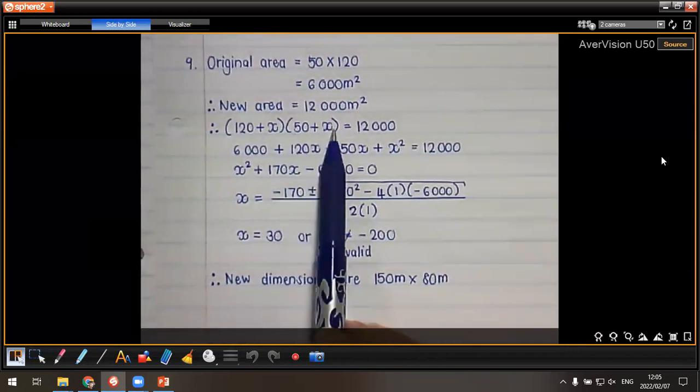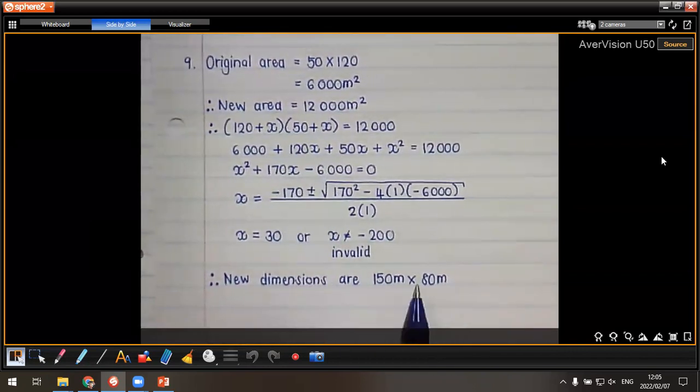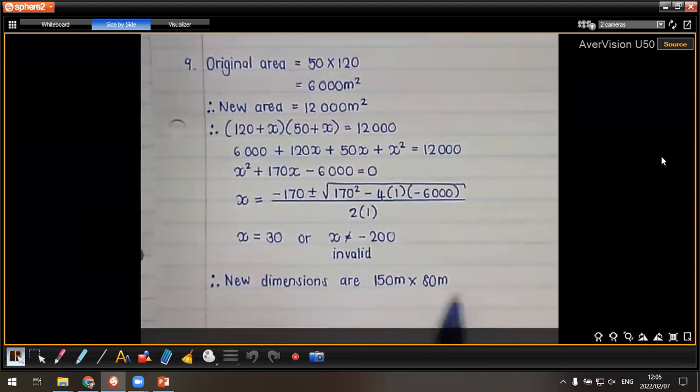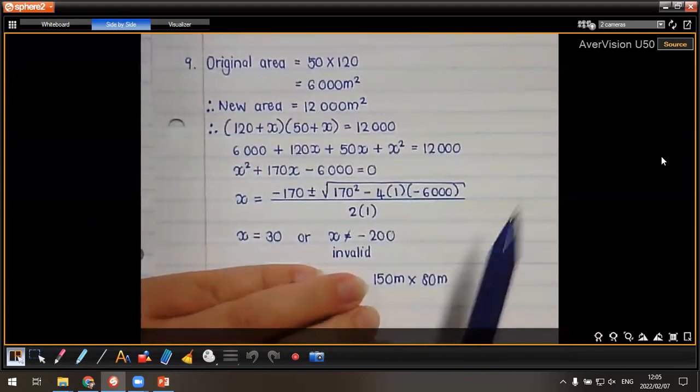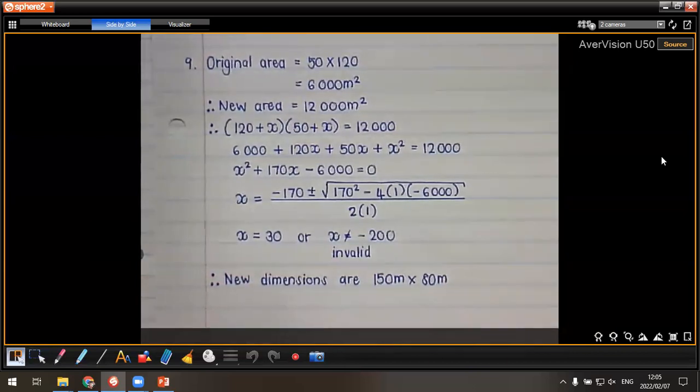And the other one was 50 plus x, so 50 plus 30. That's where that 80 meters is coming from. So if you don't have that last line, or at least just 150 by 80, you'll lose marks, because that's what they're actually asking for. You can't just stop with x. Sometimes the answer will just be x, but sometimes you need to go a step further and use that x value to answer the question.